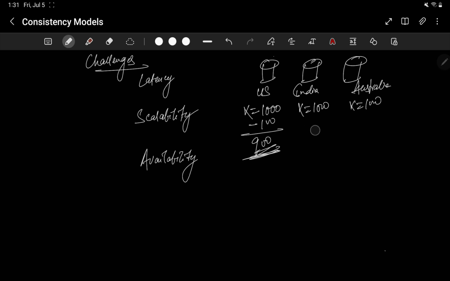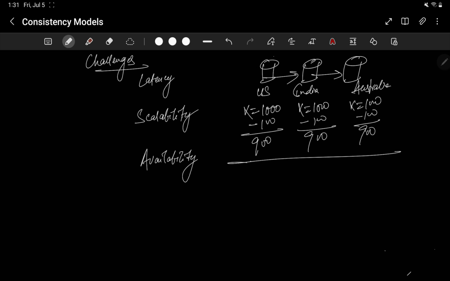So that's why we need to wait. We need to wait for this database to propagate the information to this database and this database, that you have to update it to 900 now. And by the time this update happens, by the time this propagation happens, this system may not be available for use. That's why the latency issue comes in.